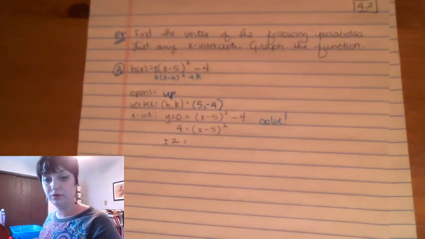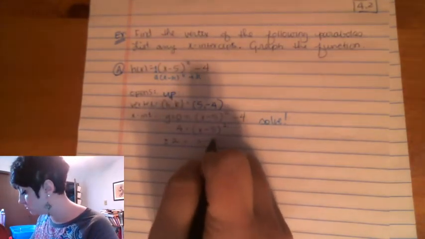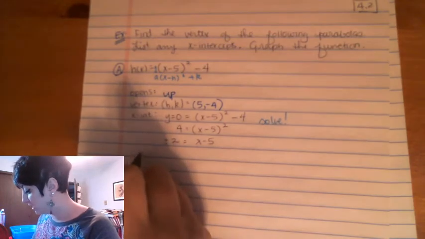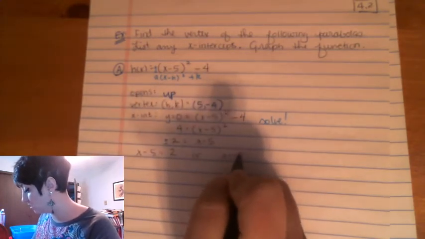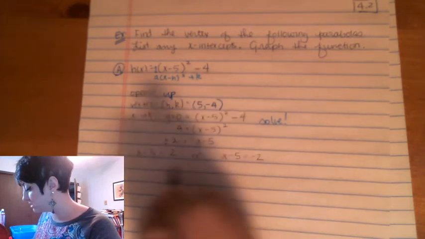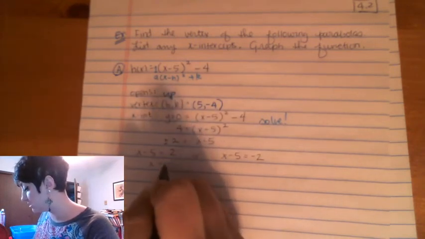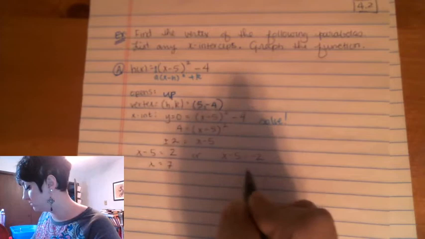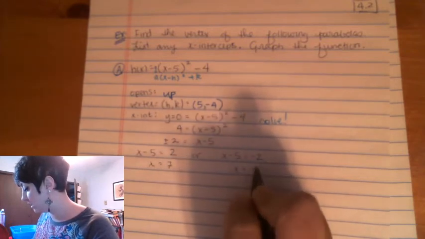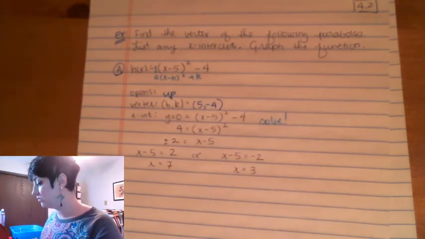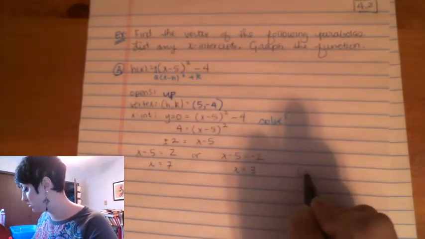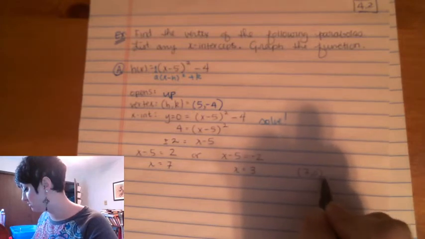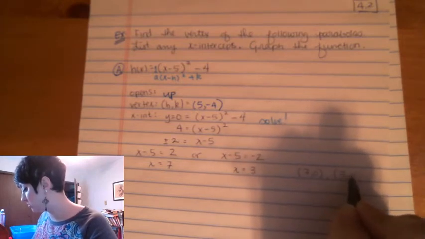Square root of 4 is plus or minus 2. So either x minus 5 is 2 or x minus 5 is negative 2, which means I get 7 and 3. So my x-intercepts are (7, 0) and (3, 0).